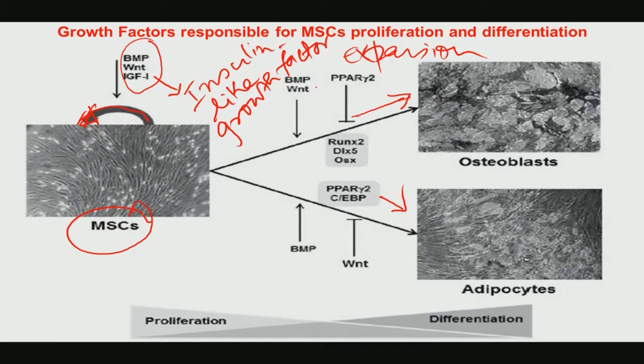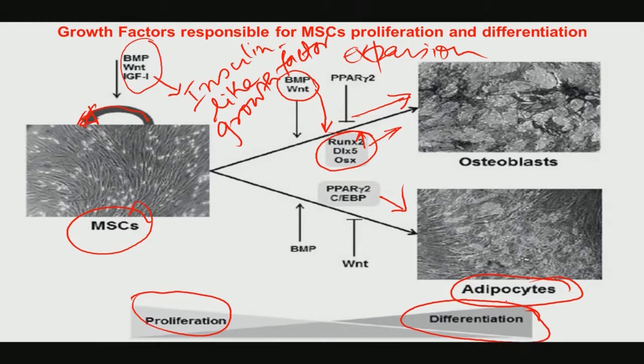Now, when you add BMP and WNT, you see the expression of osteocalcin, RUNX2, these kinds of genes, which I mentioned in the last module while discussing cell culture assays or differentiation assays. If RUNX2 and the others are upregulated, then osteoblasts can be confirmed. Similarly, in the other case you can confirm adipocytes.